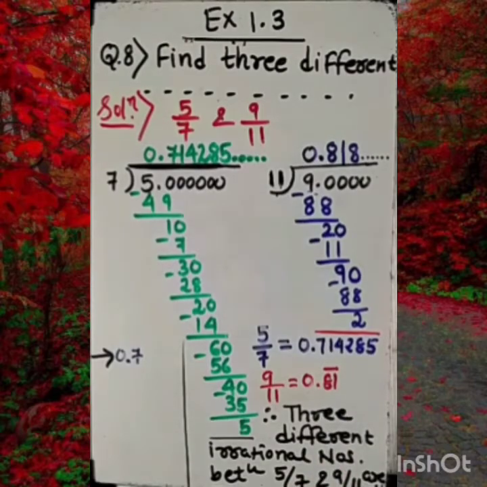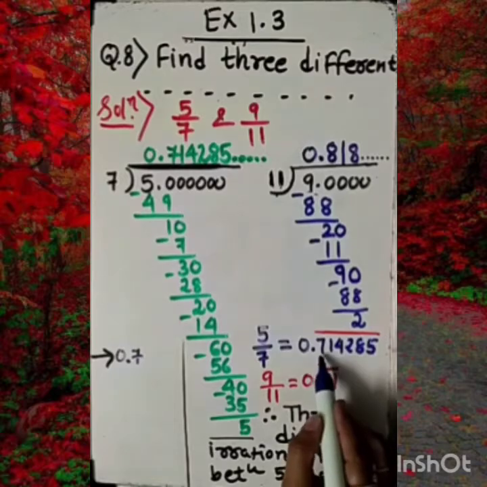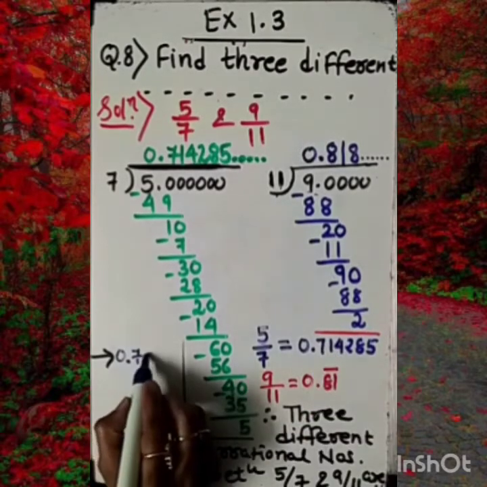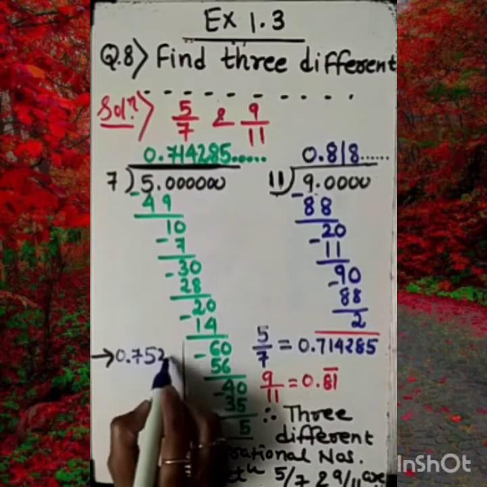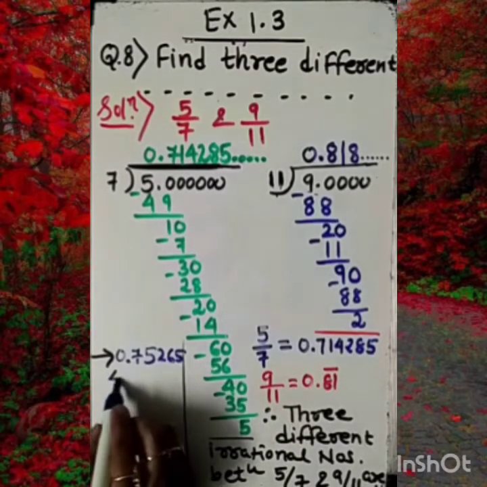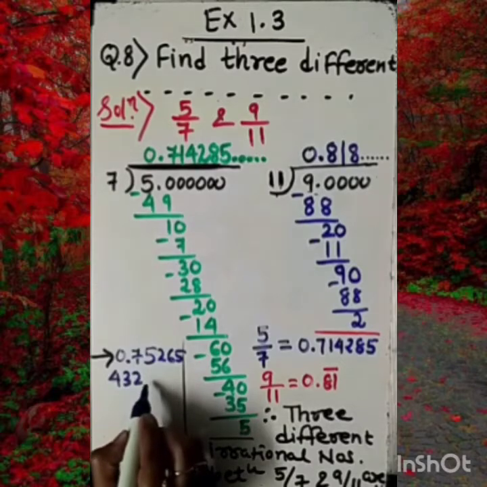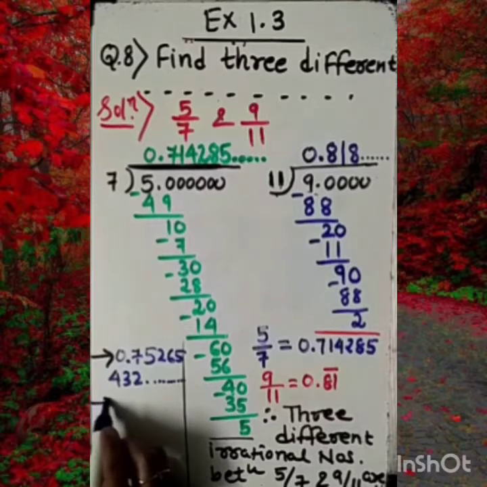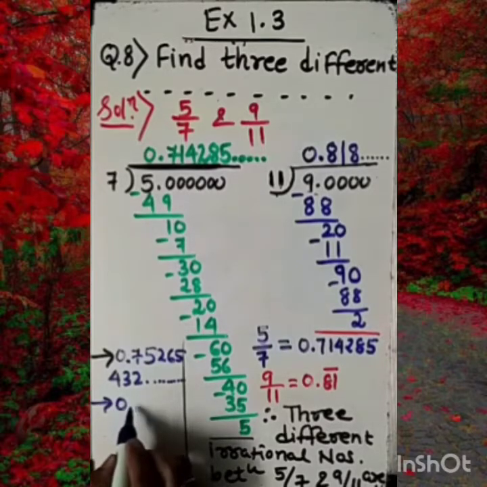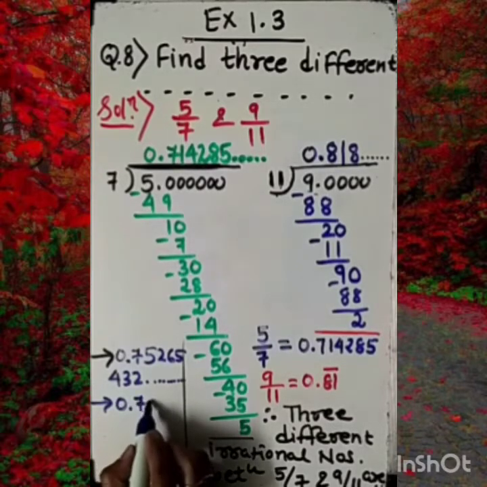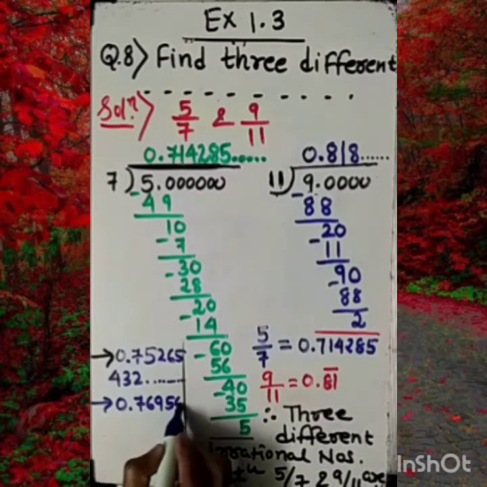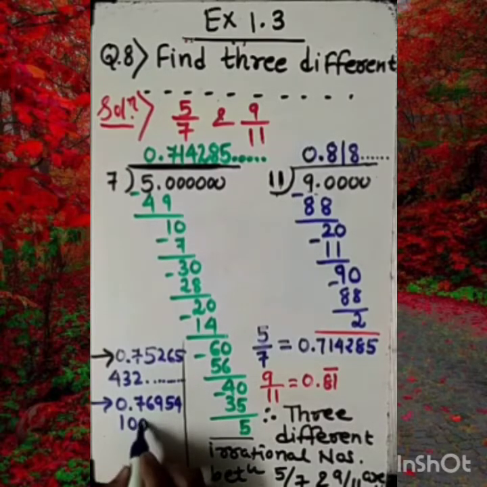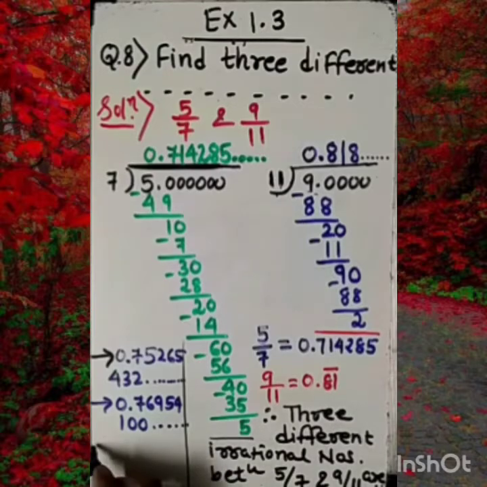Any number of your own choice you are free to write, but 7 must be there. Then the rest, any digits of your choice: 5, 2, 6, 5, 4, 3, 2 and so on. And one more number I am choosing: 0.76954100 and so on. Between these two numbers only.